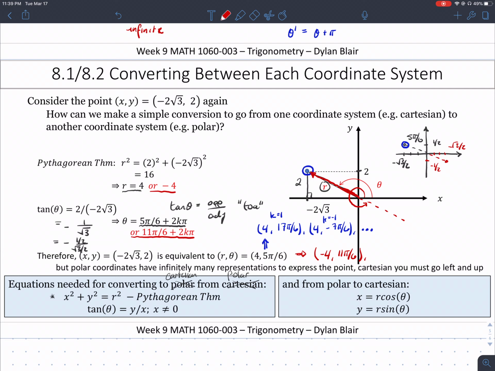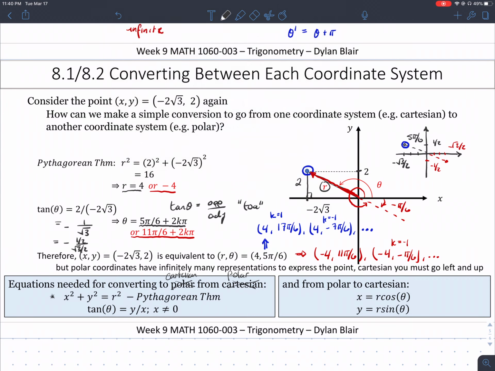Which is our goal. We want equivalent representations. And we could always take negative 4 and 11 pi over 6, and let's take minus 2 pi, which would be negative pi over 6. So that's k is equal to negative 1, and so on and so forth. And so that would be right there, and then we extend inward.